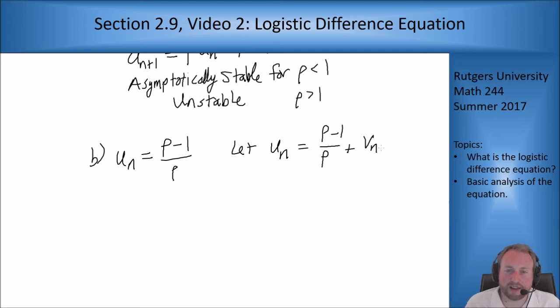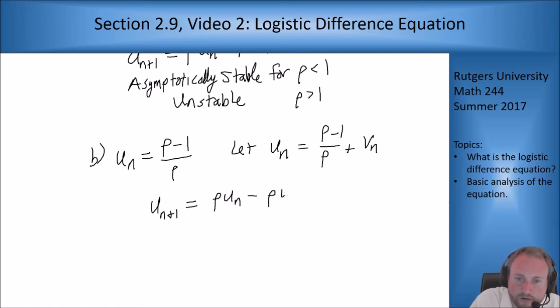And now we want to plug that into our equation for what un plus 1 should be. So I know un plus 1 equals rho un minus rho un squared. And I want to write everything here in terms of v's instead of u's.